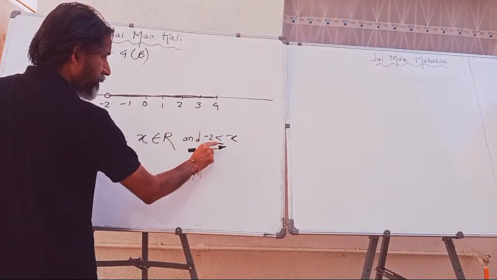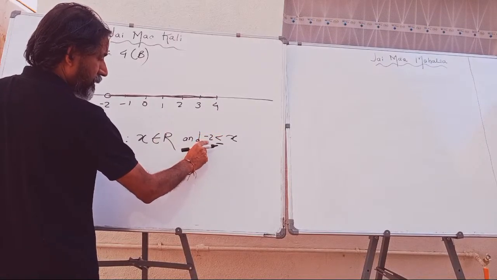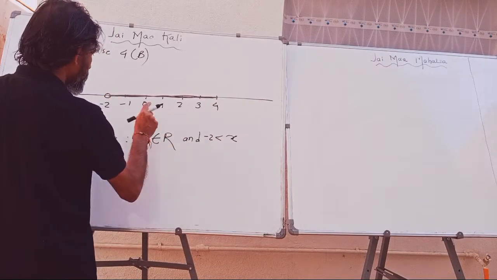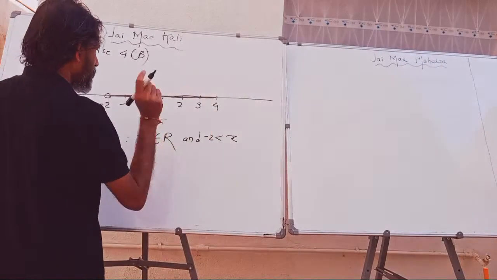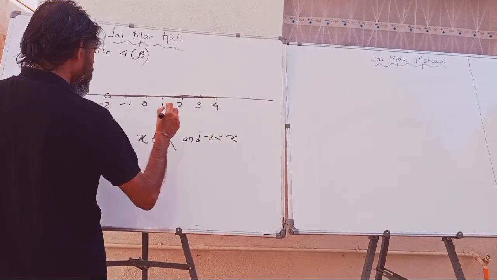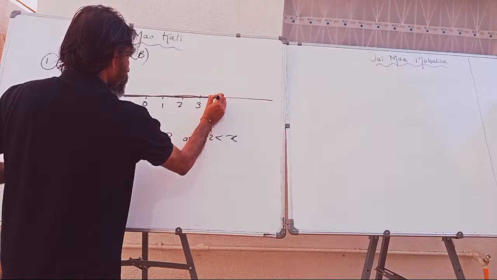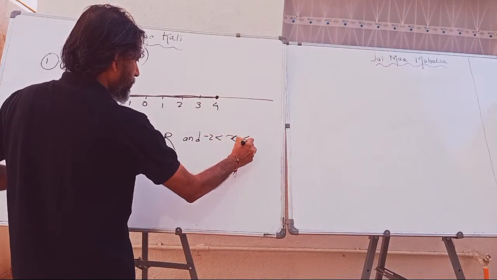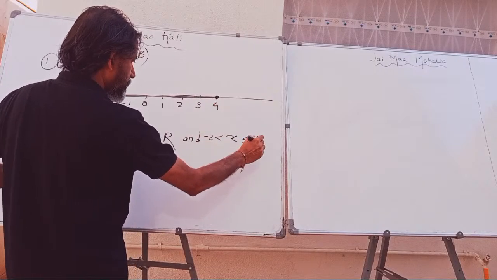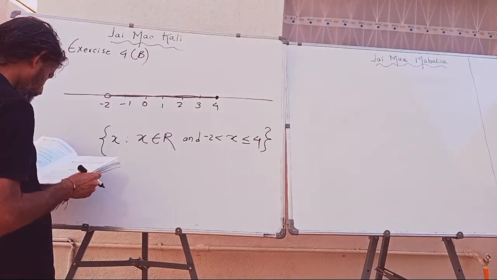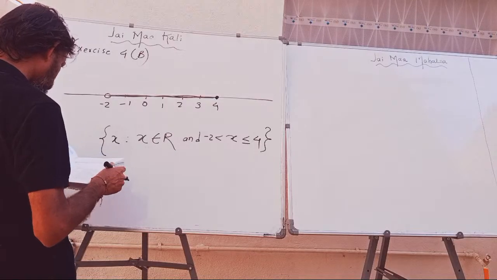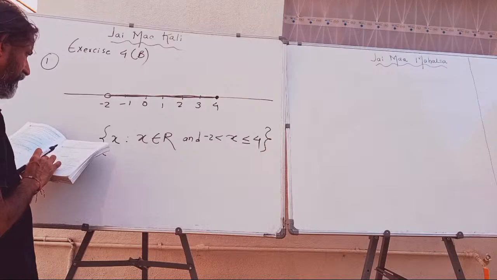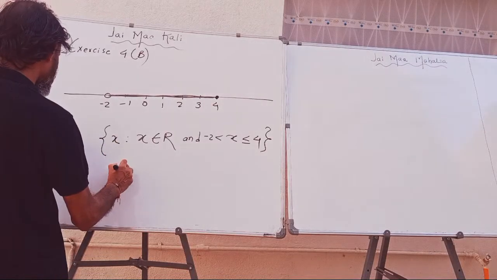It cannot be minus 2 less than or equal to, because a hollow circle means strictly x is greater than minus 2. And there is one solid circle here, which means x can be equal to 4 or it can be less than 4. So in this case the answer should be the third one, answer C.